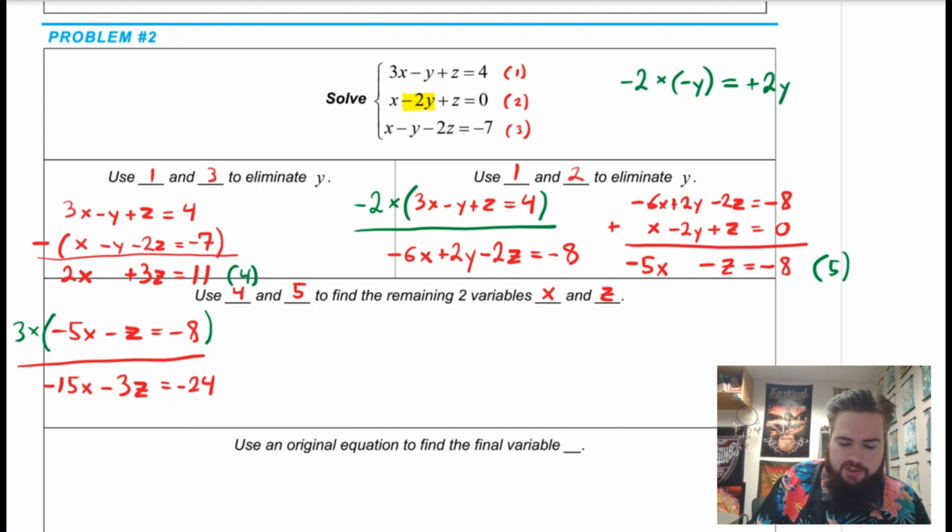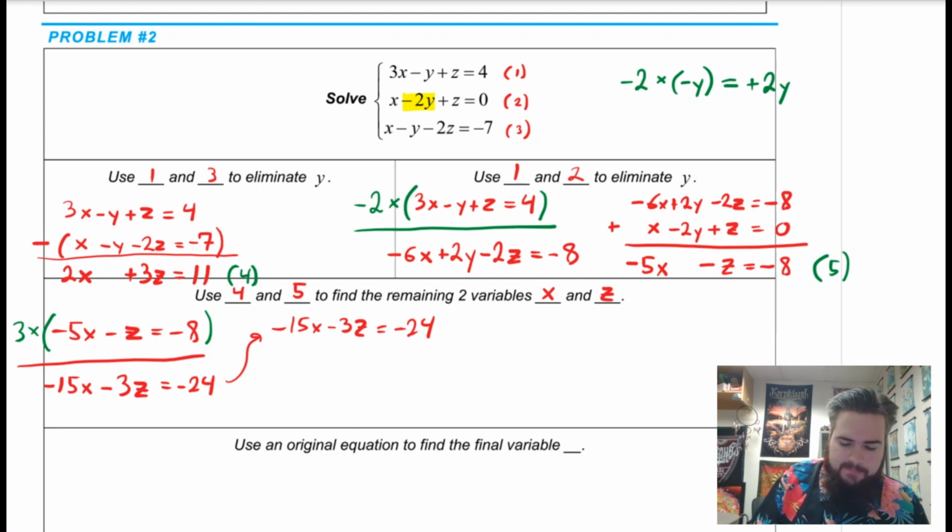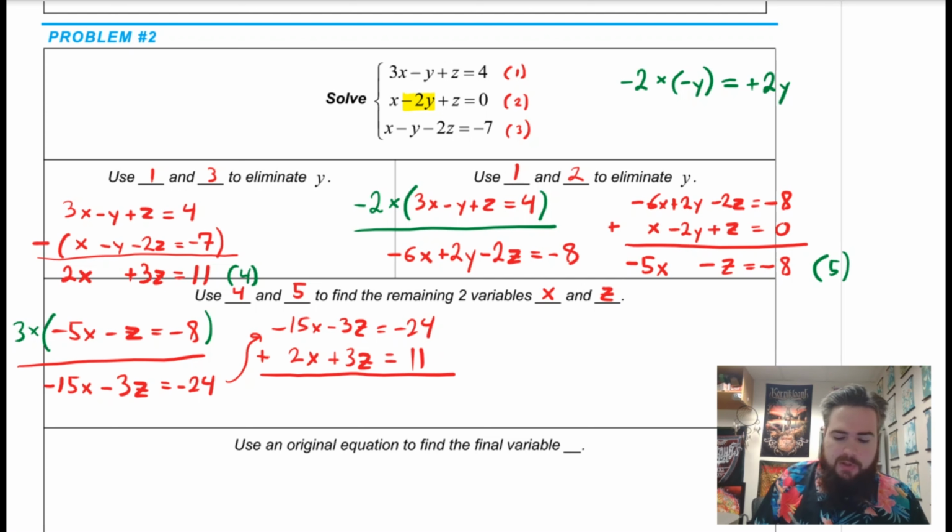Using that new equation, negative 15x minus 3z equals negative 24, I can combine that with equation number 4, 2x plus 3z equals 11. I can add those two equations together and cancel out z very nicely. This will give me negative 15x plus 2x will be a total of negative 13x.